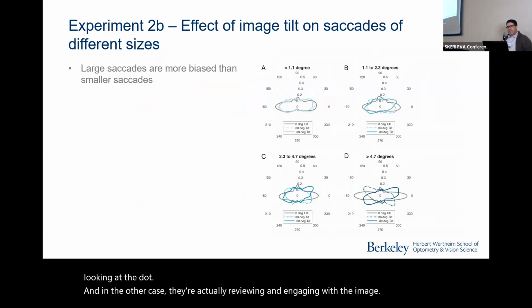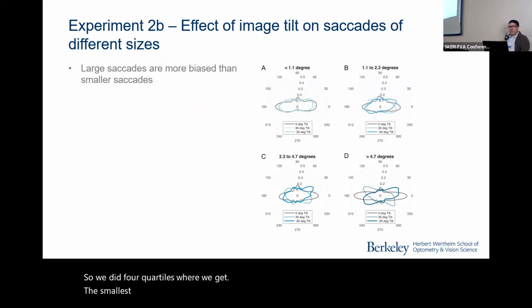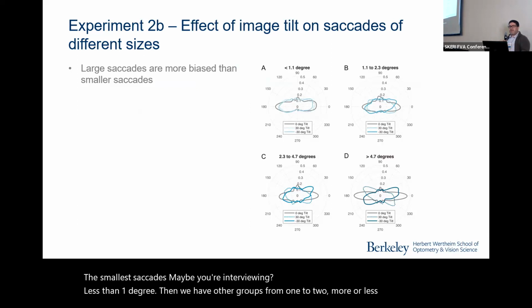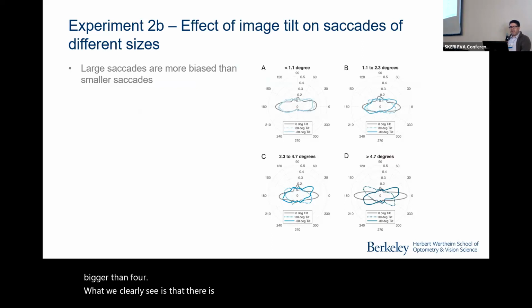So then we did a further analysis where we just look at the free viewing data, but we group the saccades depending on their size. So we did 4 quartiles where we get the smallest saccades made during free viewing, less than 1 degree. Then we have other groups from 1 to 2, more or less, 2 to 4, and bigger than 4. What we clearly see is that there is a pattern that changes.